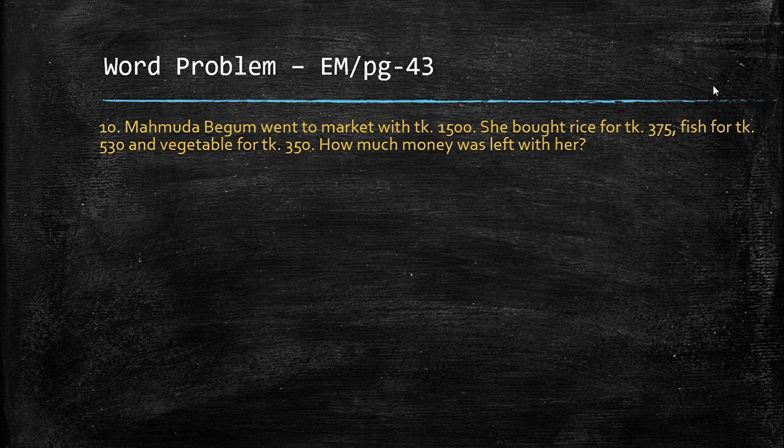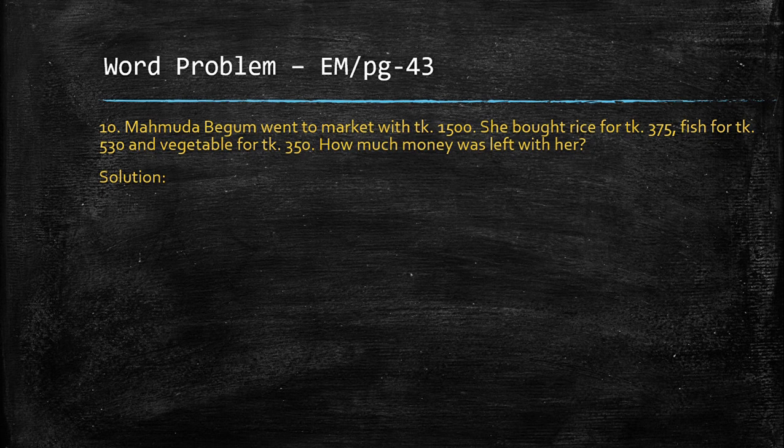We can add all the amounts that she spent, like here rice, fish and vegetables. So we can find the total amount she spent, and then if we subtract it from the total money she took to the market, then we can find how much money she has left.